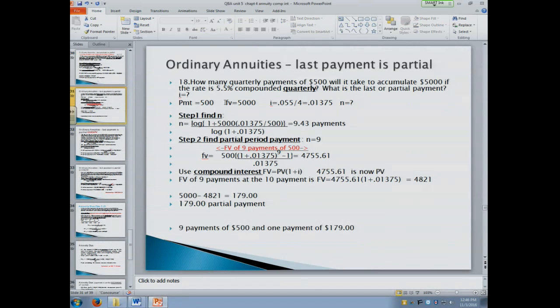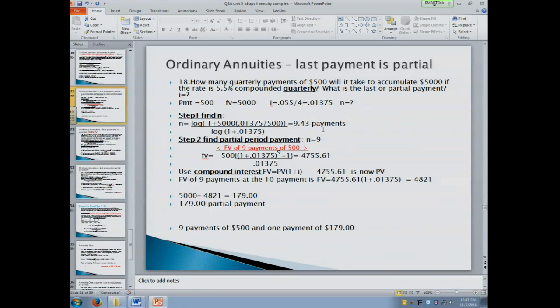This time I gave you the future value. So therefore, we stick in our future value in the find-N formula, we plug it in, and we find that N is 9.43 payments. So we have 9 payments of $500.